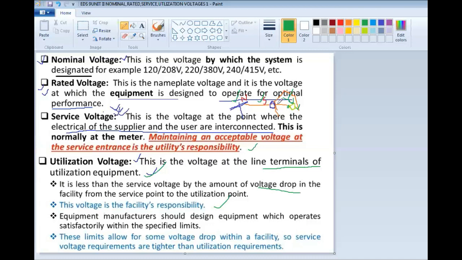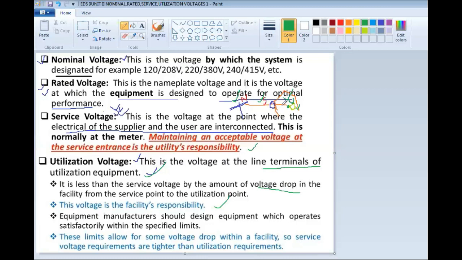So this is the service point, and this is the refrigerator. In between, there will be a voltage drop, and the voltage at this point is the responsibility of the facility. The utility will give the voltage within the prescribed limits at the service point.